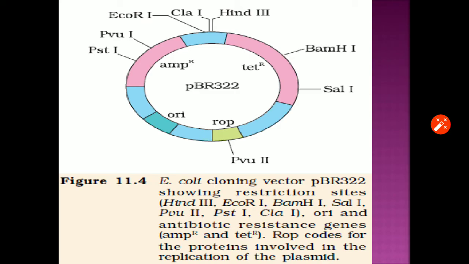Now some of the vectors will take up the DNA segments, that is the desired genes, those are the antibiotic resistive gene, and some vectors will just cut open and then get ligated with their own section. That means without the insertion of the gene, they again get ligated with their own section because of the sticky ends.